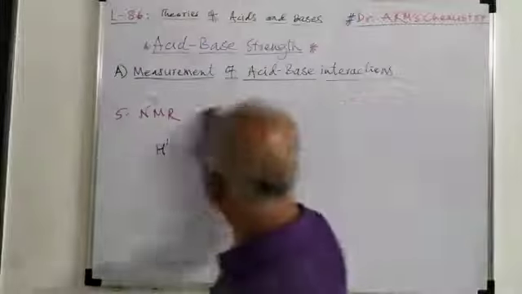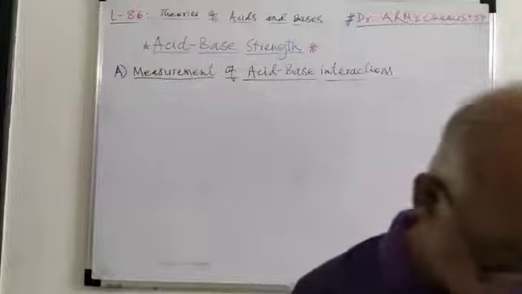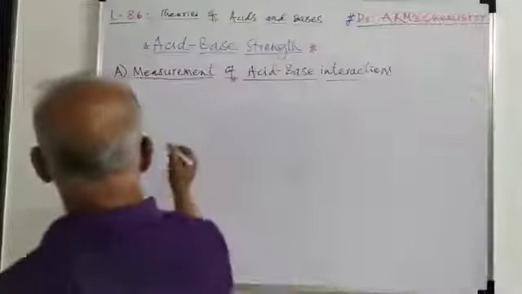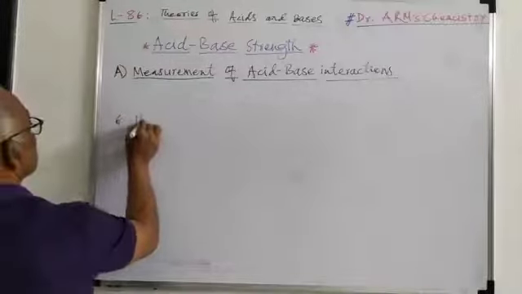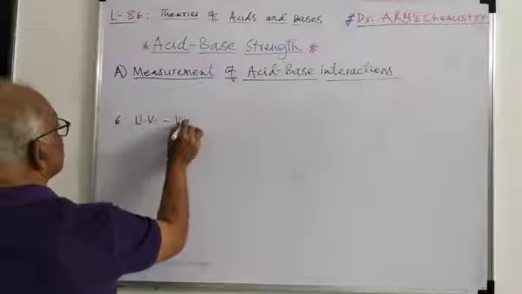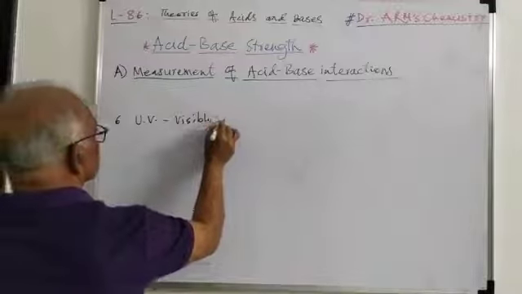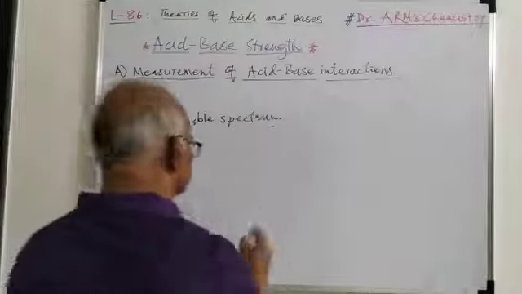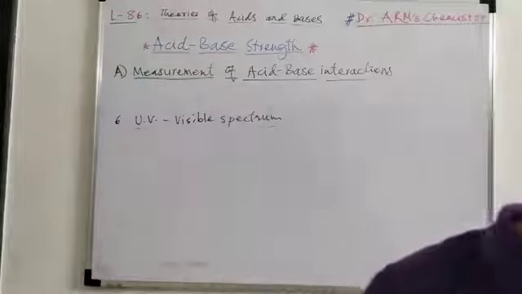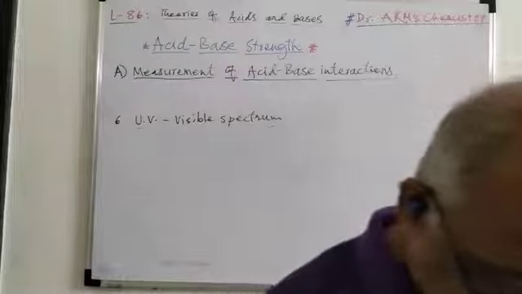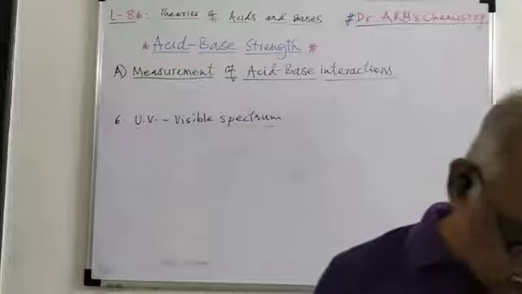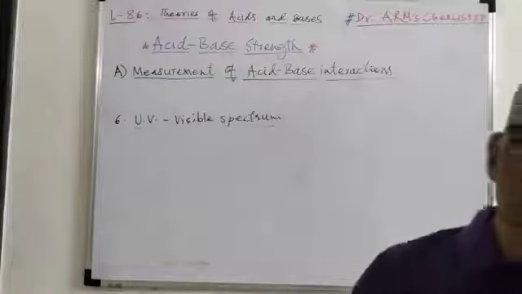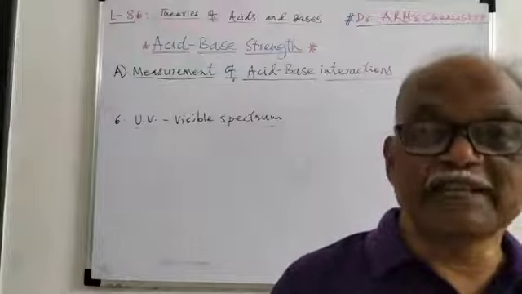Then another is UV visible spectroscopy. UV visible spectrum. So this information can also show the change in energy levels in a substance when interaction is taking place.